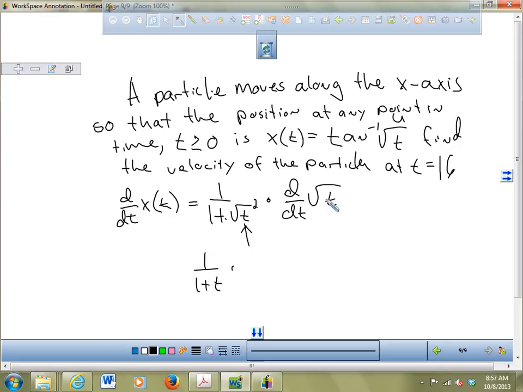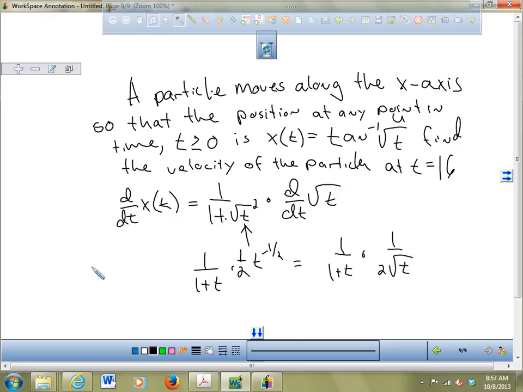What's the derivative of root t? 1/2. Yep, 1/2 t to the negative 1/2, right? Which is equal to 1 over 1 plus t times 1 over 2 square root of t. So what's your question, Kayla?